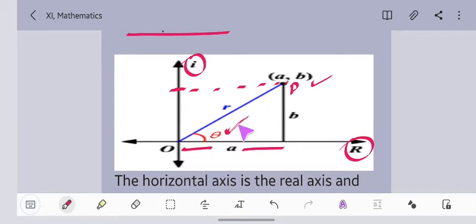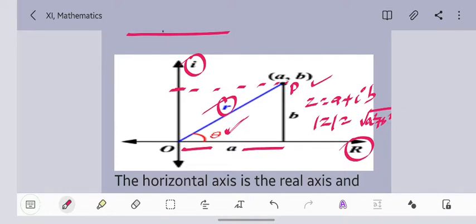And what is OP? OP becomes the modulus of z. If z is a plus ib, then mod z equals the square root of a square plus b square. So that is the value of r. We'll see how this is calculated.